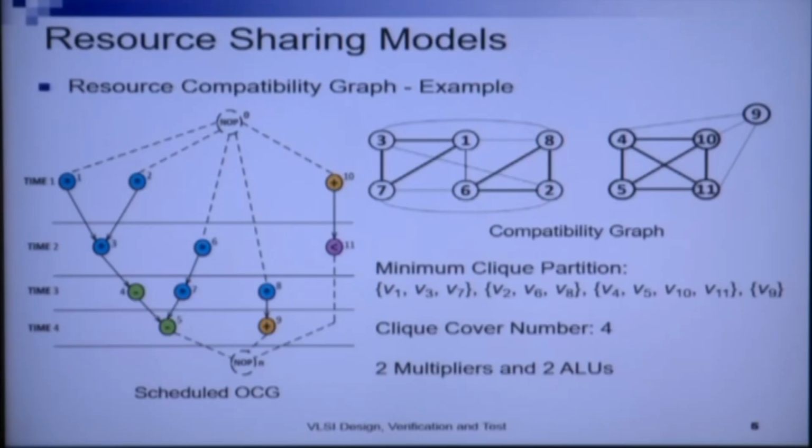V1, V3 and V7 form a clique, V6, V8 and V2 form another clique, V4, V5, V11 and V10 form another clique, and V9 forms another separate clique. So, this is the minimum clique cover that we have. The minimum clique cover has 4 cliques, and indeed we require 2 multipliers and 2 ALUs for the scheduled operation constraints graph.